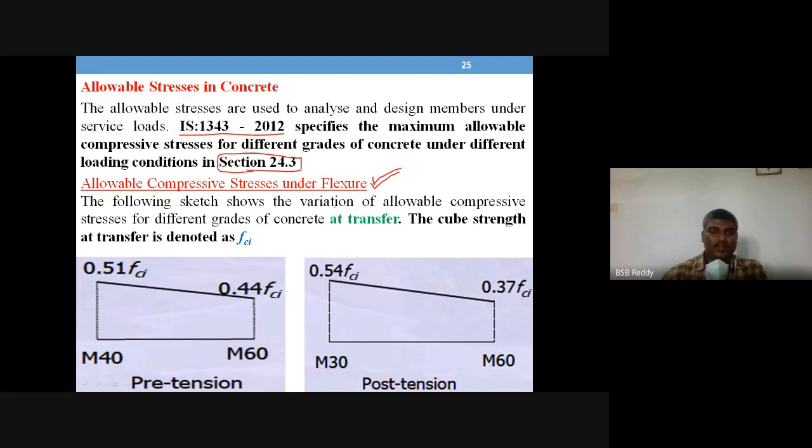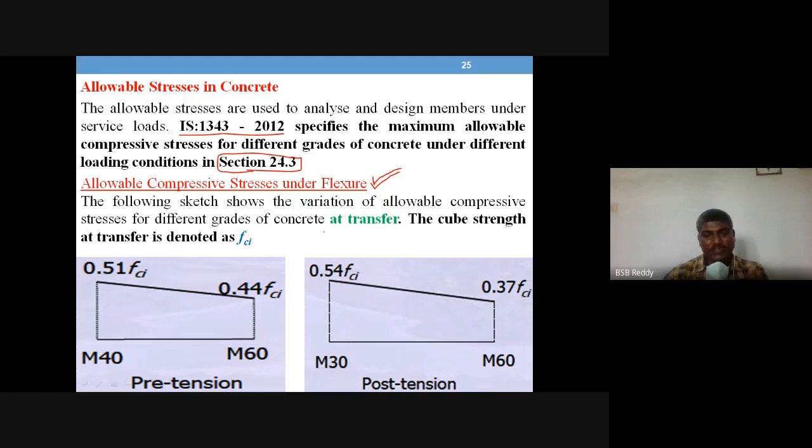Okay, right. So there are two things that you have to see when you talk about allowable stresses. One is, we have talked about stages of loading. One is transfer, intermediate, and at service. There are three things. If you refer back to my lectures, there are three stages of loading, where stresses are induced in the members. One is at transfer, meaning when you induce pre-stress into the member.